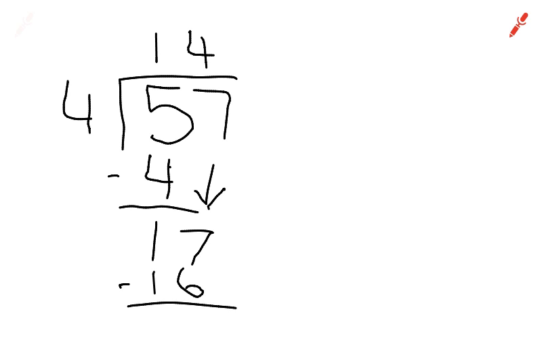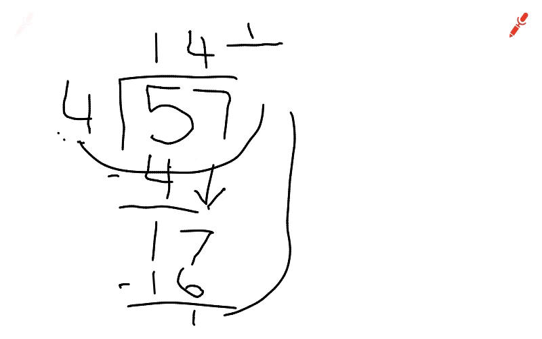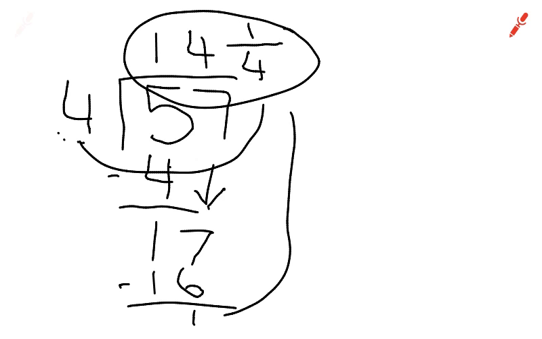We subtract, and we get 1, but we're not going to just write 1. We're not going to write remainder 1. We're going to put our 1 as our numerator. So that means that will be the top number, and then our divisor will be our bottom number. So our answer is 14 and 1/4. Do the rest on your own.